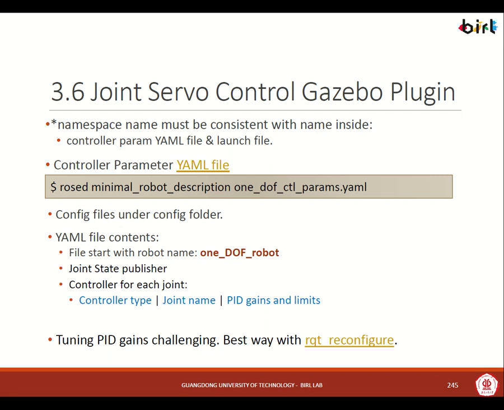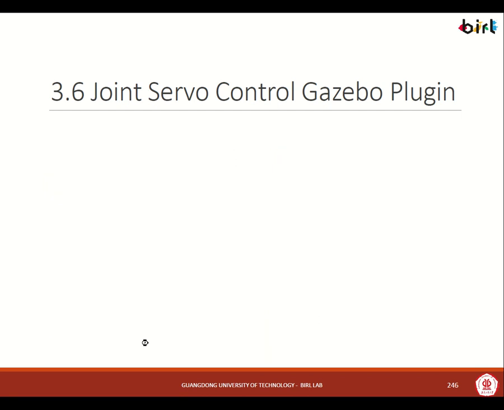There's a link here, but it's how to change parameters online. So you change the p-value, and you tell the robot to move in the simulator, and you see the response, change it again, until you get something that is more stable. Okay? By default, the libgazebo plugin will have an interface with RQT reconfigure, so you can use that easily.